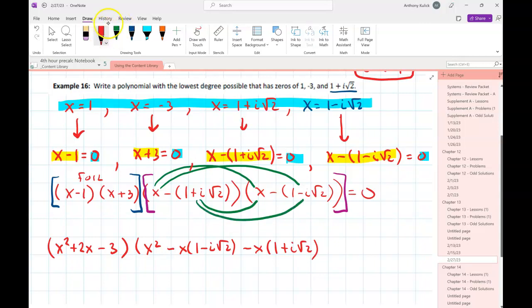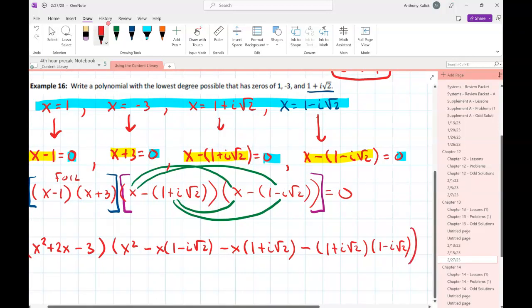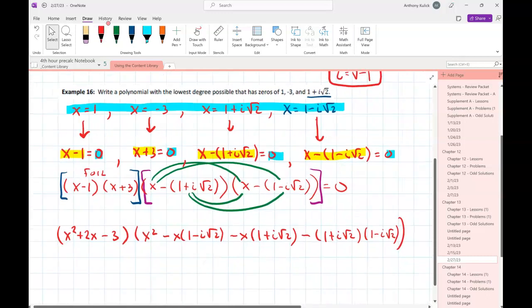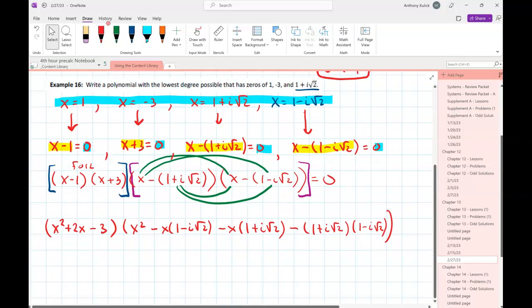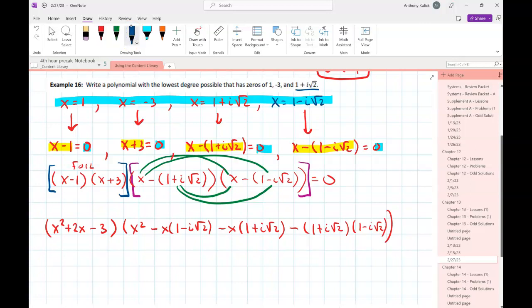And I will do that one. Everybody okay with how I FOILed that second part out? Okay. Next thing I'm going to do is just distribute these x's through. What am I going to have to be careful about there? What's in front of the x?